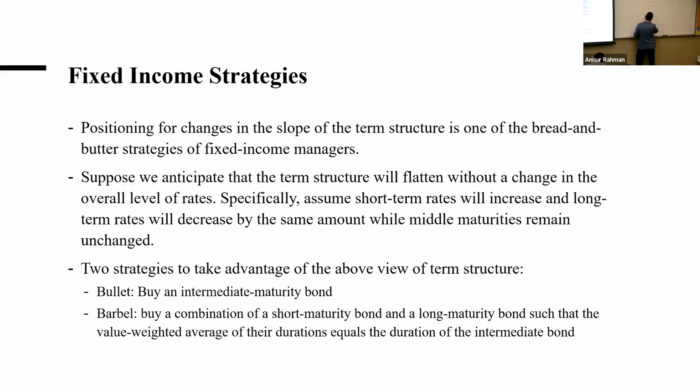So let's say this is our normal upward sloping term structure of interest rate. Now, it can flatten in many ways, right? This is one way it can flatten.